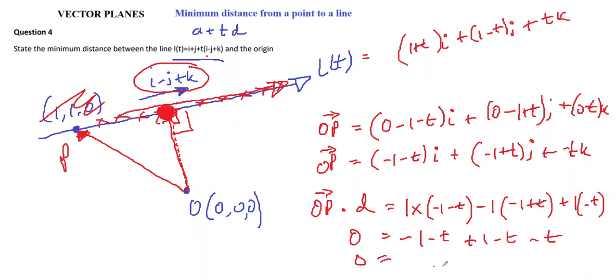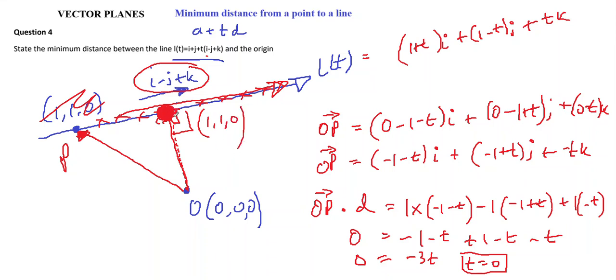We've got 0 equals, the 1's disappear, -3t. When t equals 0, then we are here. And when t equals 0, that point happens to be (1, 1, 0).